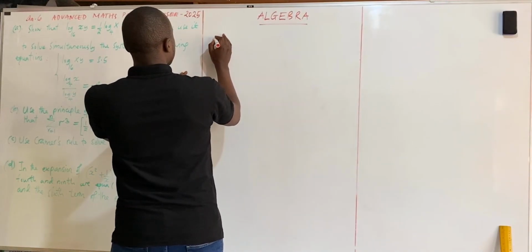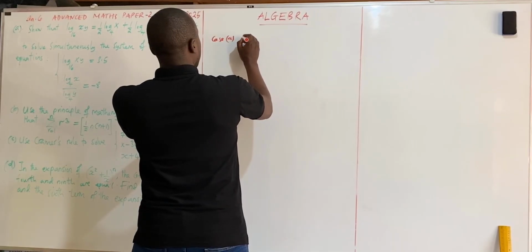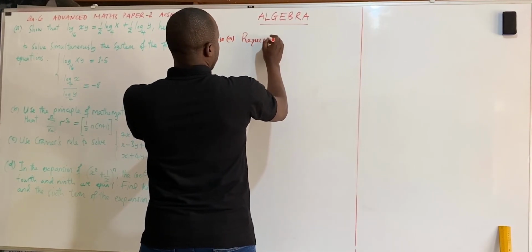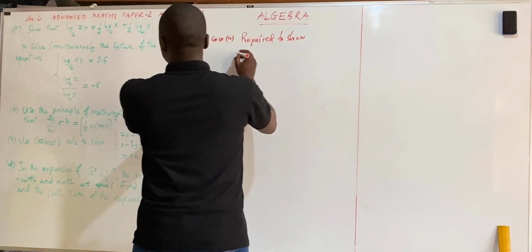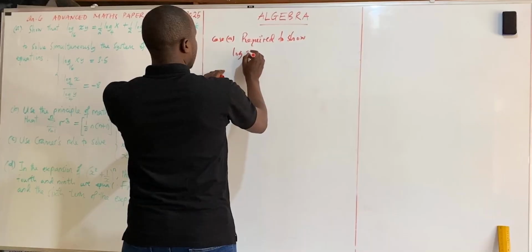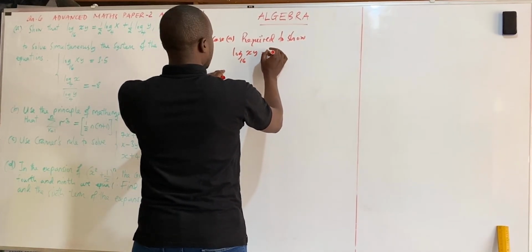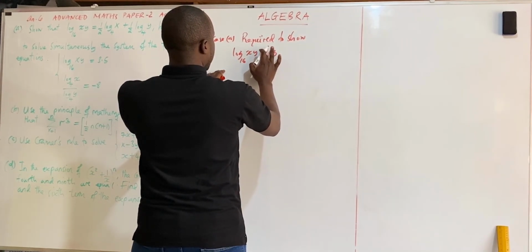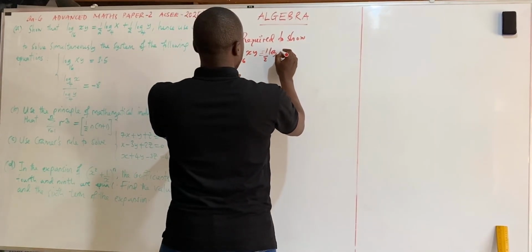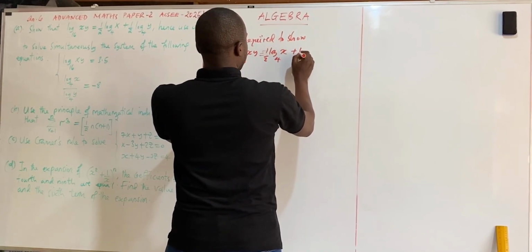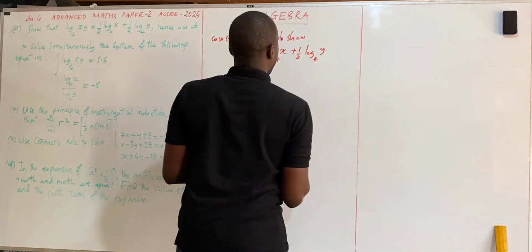In case A, the solution part, we are required to show that log of xy to base 16 equals 1 over 2 log of x to base 4 plus 1 over 2 log of y to base 4.